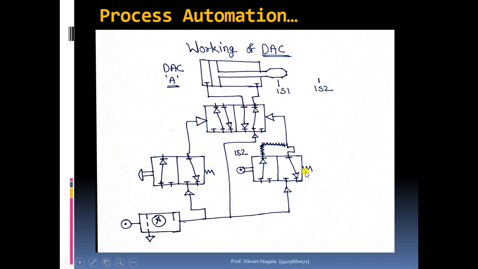This is a simple limit switch, a simple 3x2 valve with a roller lever. The roller lever gets pressed whenever the rod end passes over it, so this is just a 3x2 valve which can be actuated using this roller lever.